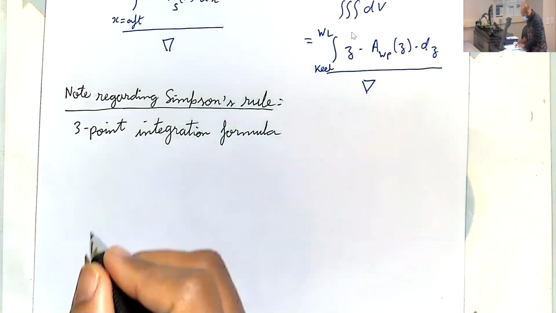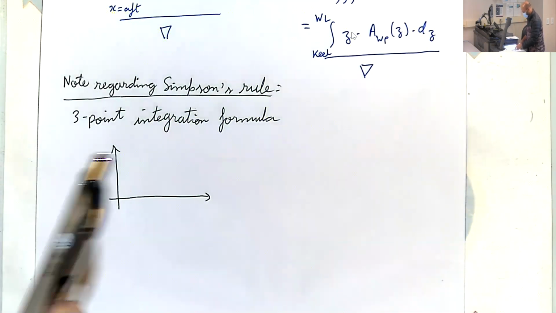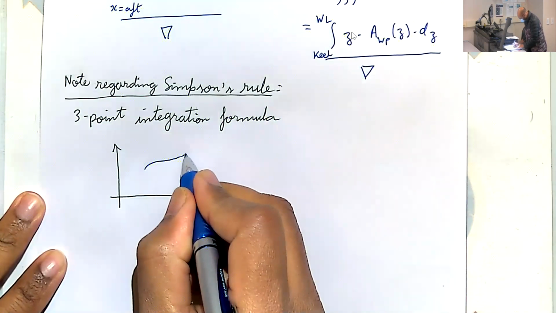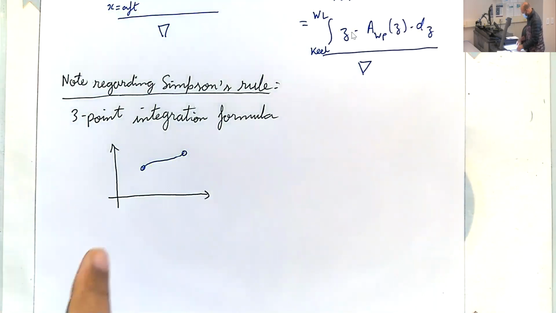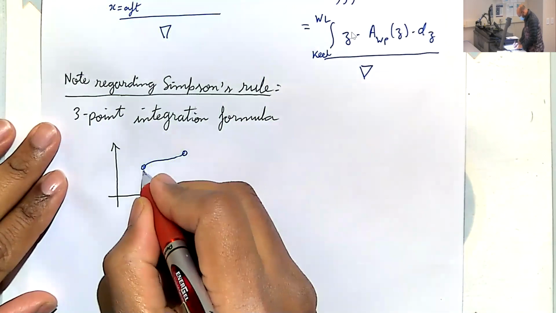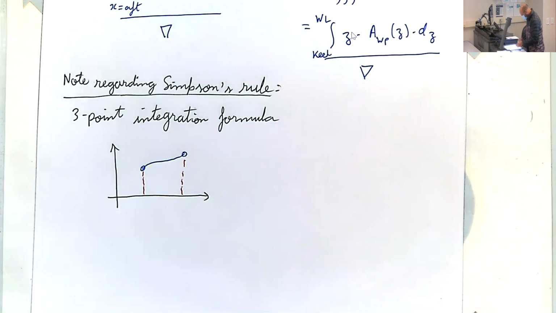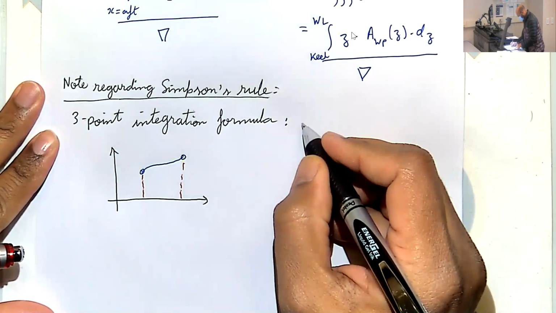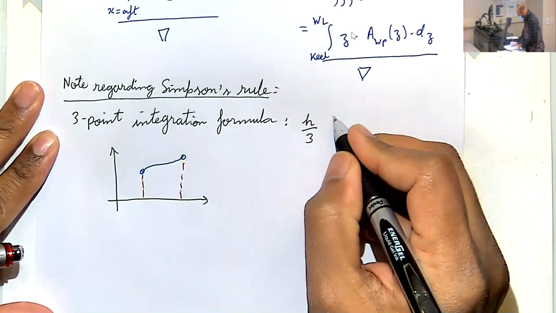What that means is, if we have this guy, we might have the starting point and the ending point, but this is not sufficient because Simpson's formula is h over 3. I will explain to you what exactly this means.